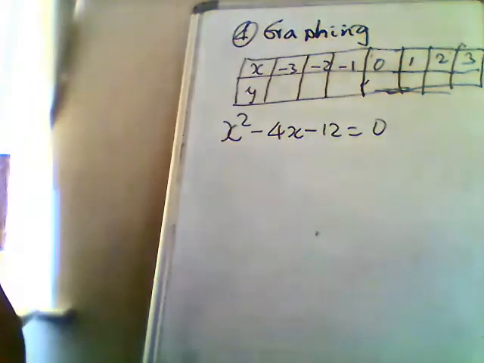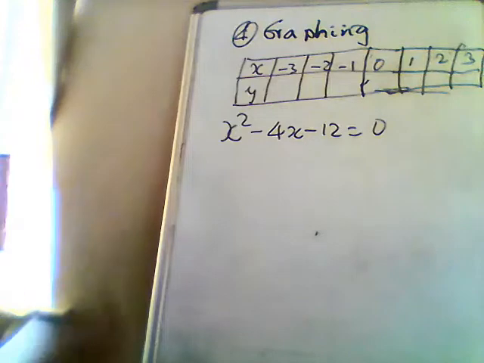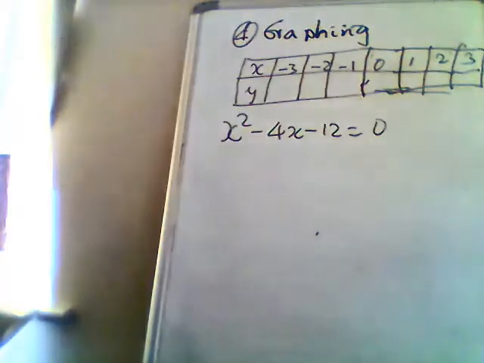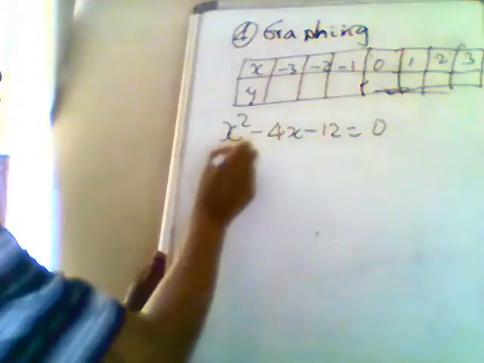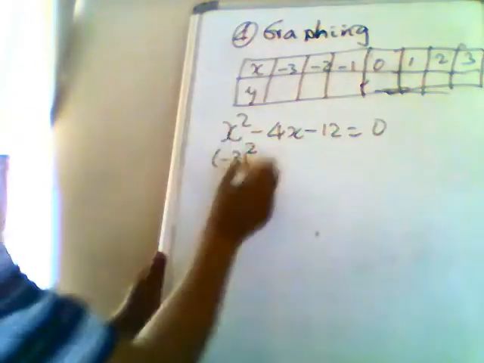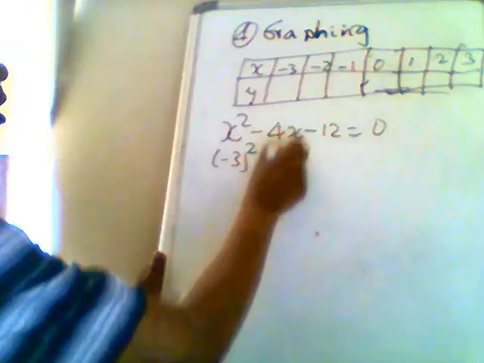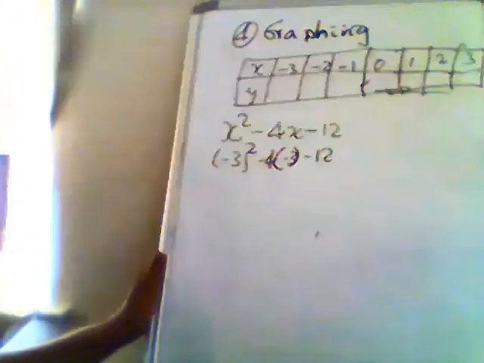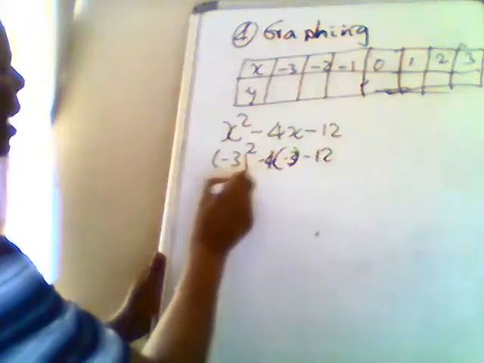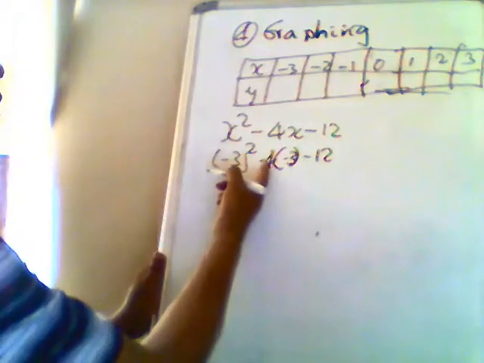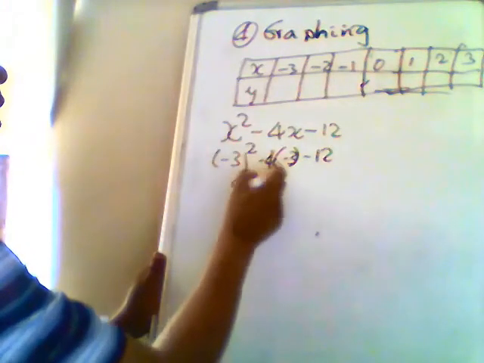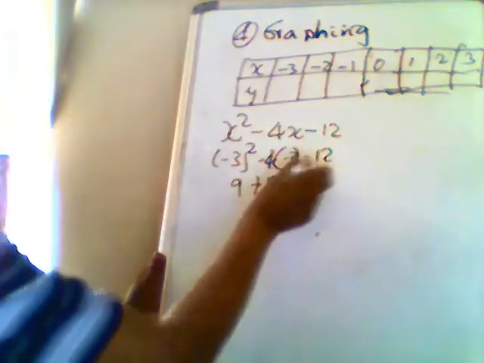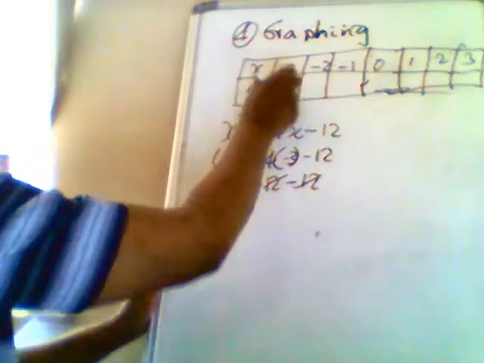If x is -3, it's going to be -3 squared, then -4 times -3, then -12. So we have 9, and -4 times -3 is plus 12, then -12. You can see this cancels, which means y is 9.